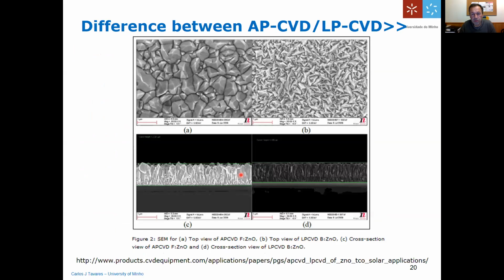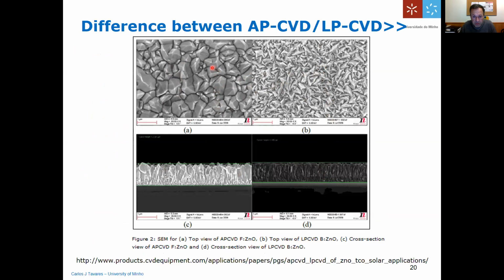Here you can see the difference between zinc oxide coatings deposited here on the left by atmospheric pressure CVD, and on the right by low pressure CVD, so here involving some vacuum. Both films are zinc oxide based.